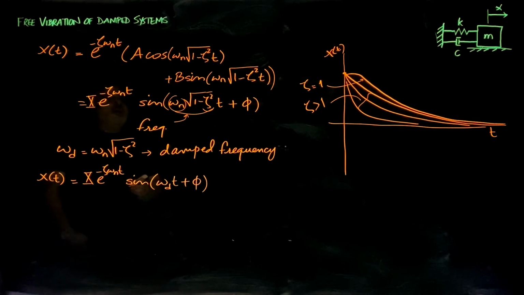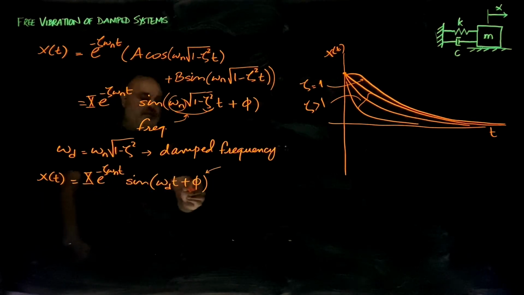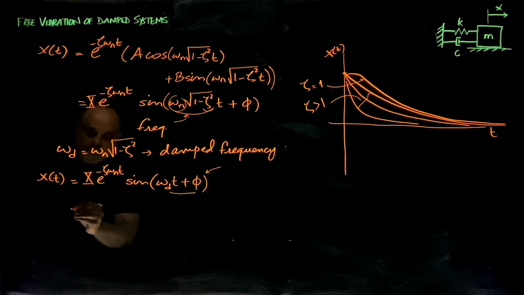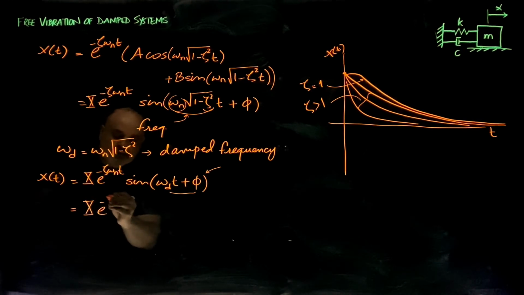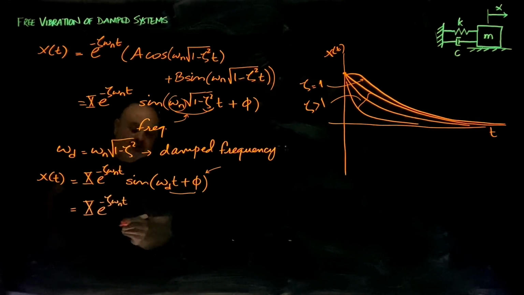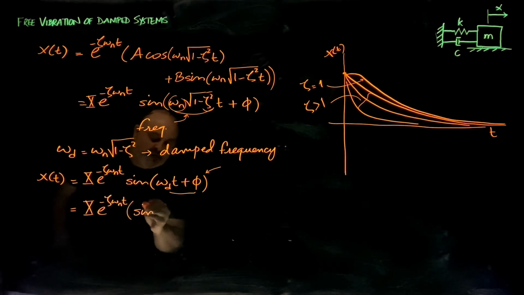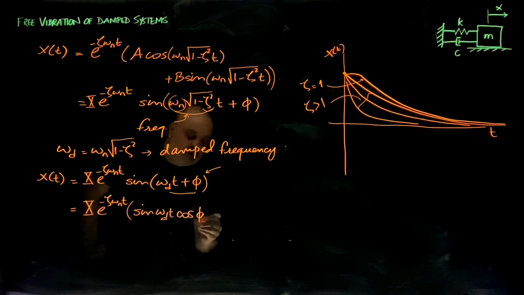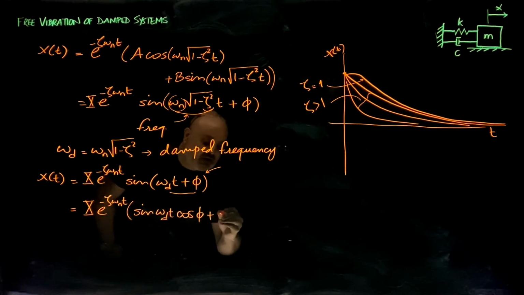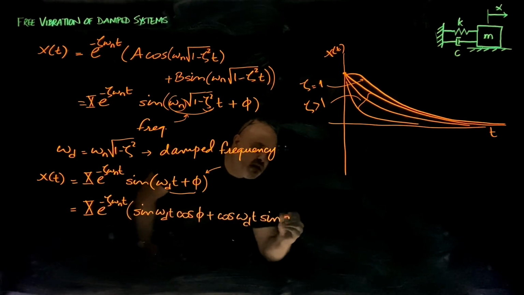Now I can expand this sine term, the sine of the sum of two angles, as x e to the power negative zeta omega n t, times sine omega d t cosine phi plus cosine omega d t sine phi.